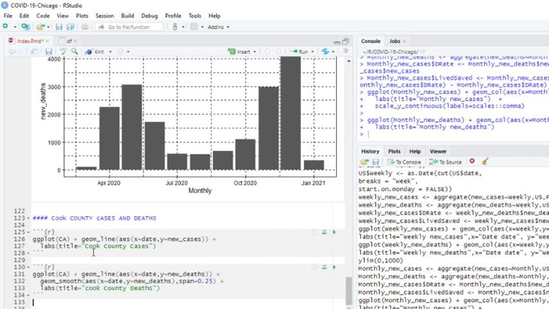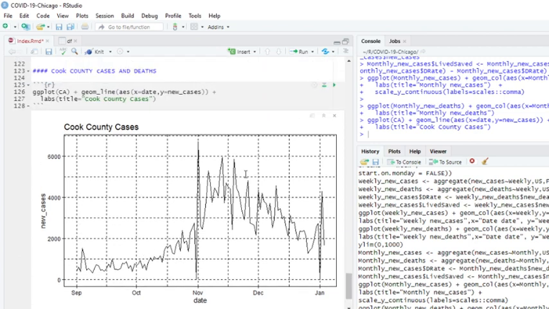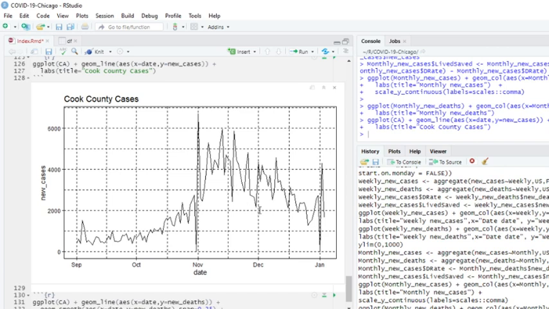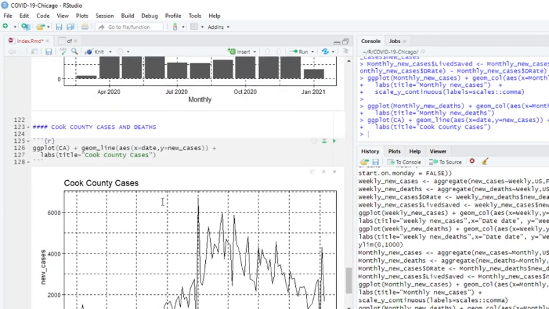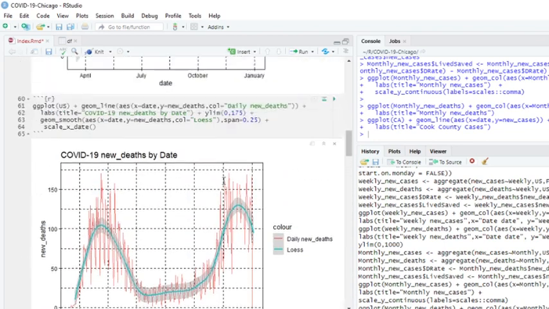But now what we're interested in is just the numbers for Cook County.